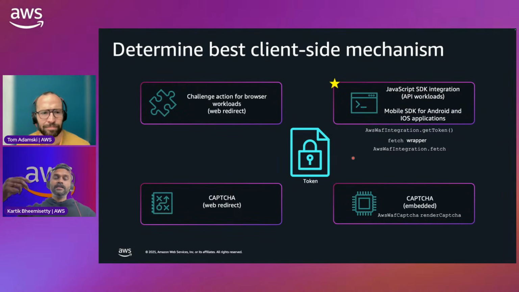You don't need to get a new token again. It just happens in the background for any legitimate user, and they don't need to worry about it. It benefits you from a cost side as well because you're not throwing a lot of challenges and captchas. So it's basically free of cost for you.